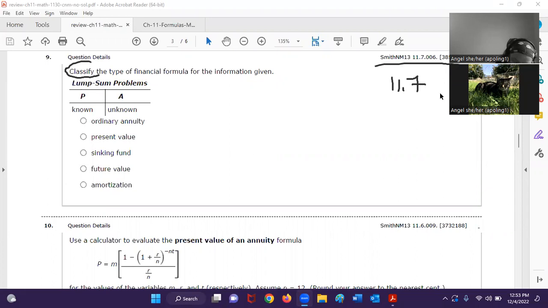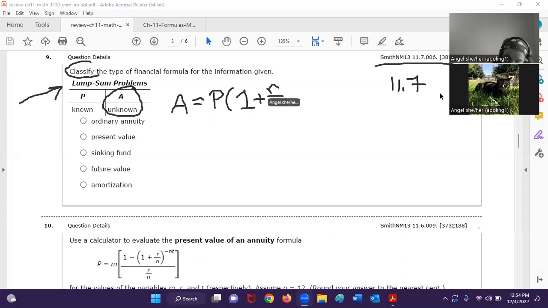So we're looking at a lump sum problem, and we have the A is unknown, but P is known. So we have just a regular lump sum problem. For example, and this is future value.